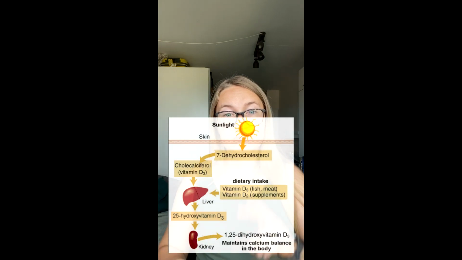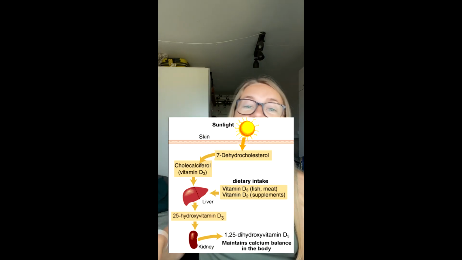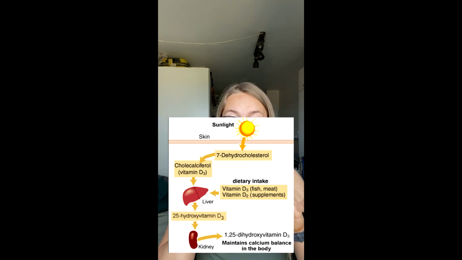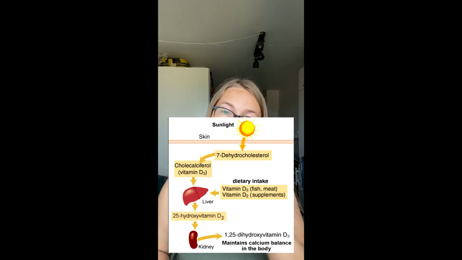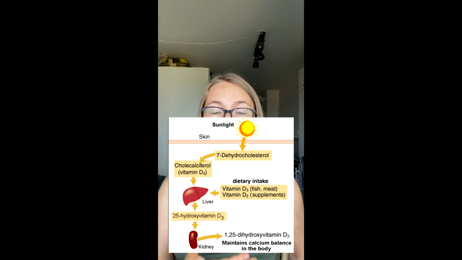Let's imagine we're in the liver now. So we have both reached this stage for both vitamin D2 and vitamin D3 that we are now in the liver. Remember, vitamin D2 is currently as a chylomicron, also known as a lipoprotein, and vitamin D3 is bound to a plasma protein. The liver takes vitamin D2, vitamin D3, and the chylomicron remnants, and then it takes the vitamin D2 and the vitamin D3 and turns it into something called 25-hydroxy vitamin D3.